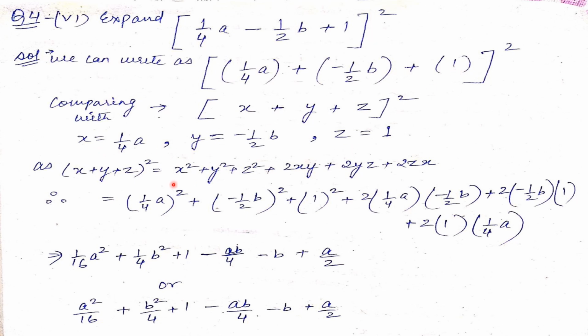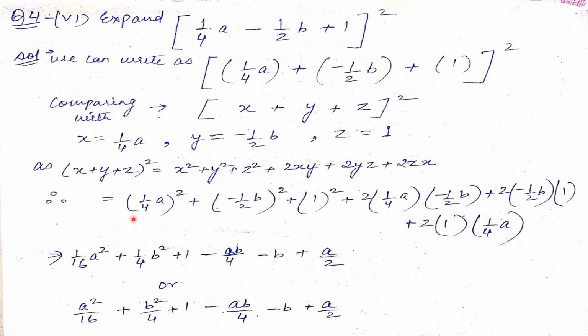We know the formula. Formula is x square, y square, z square, 2xy, 2yz, 2zx. Now what we have to do? Just put the values and find the answer and we are happy. But while doing this, be careful because it has fractions and all these terms, so chances of silly mistakes are more.